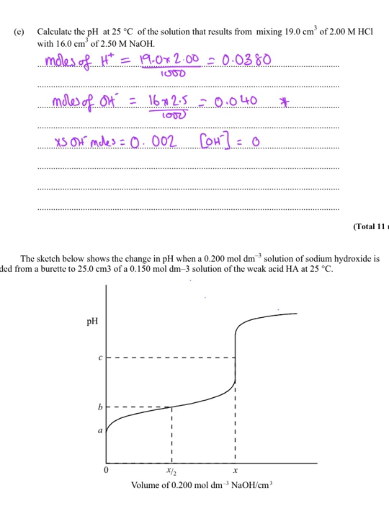So that's going to be moles divided by volume, and the total volume is going to be 19 plus 16 added together. So that's going to give us a total volume of 35. So that's a new concentration of 0.0571.